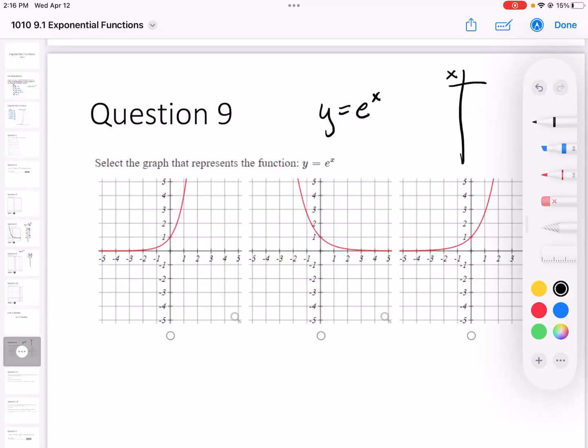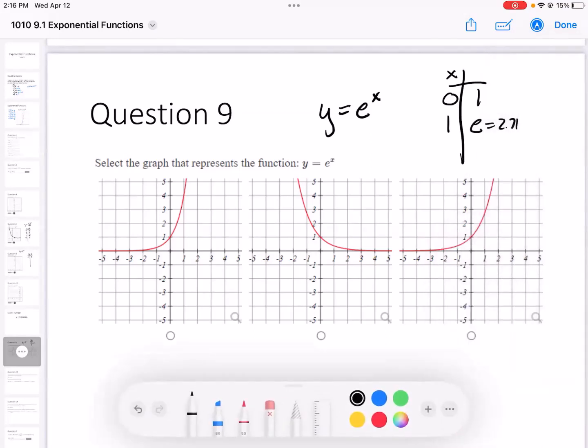So I think it would be easy to have x equals 0, because if I have this number 2.71 whatever raised to the 0 power, that's just going to be a 1. And then I also think it'd be easy to have x equal 1, because if I have 2.7, et cetera, raised to the first power, then my output will be the number e, 2.71, et cetera. I think that should be enough points to figure out what this graph would be. (0, 1) is this point, so that doesn't really help us eliminate an option, but x equals 1 does.